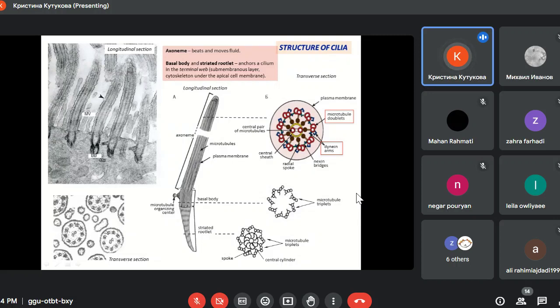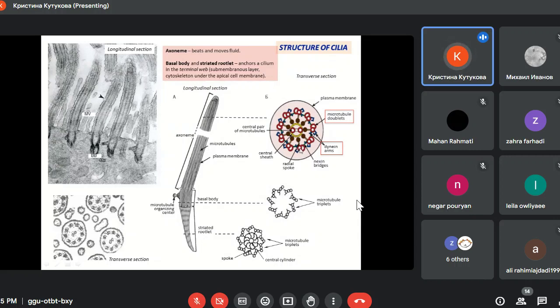These microtubules are arranged in a complex form so that they are paired. They go in pairs. So we have one pair of microtubules in the center and 9 of the pairs at the periphery.